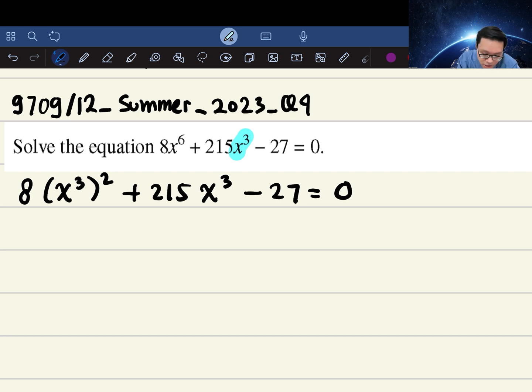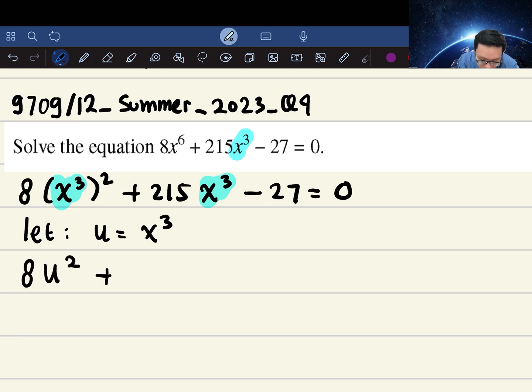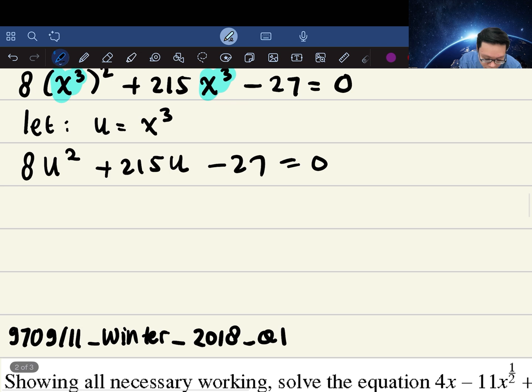And once again, we change the smallest power that we have into another variable, let's say u. So let u equal x^3. So we have 8u^2 plus 215u minus 27 equals 0. Now from here, just factorize. Here we have 8u^2 and 27.